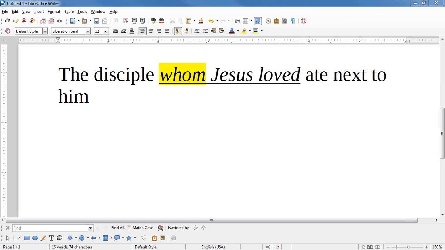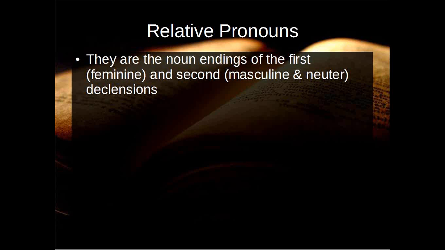And that's what makes them really easy to identify. So one more time, they are the noun endings of the first and second declension. And you'll notice with the parentheses that I have in my presentation, which I have not shown you guys, so, Professor, I apologize. I don't see your slide. You're absolutely right. So thank you for bringing that up.